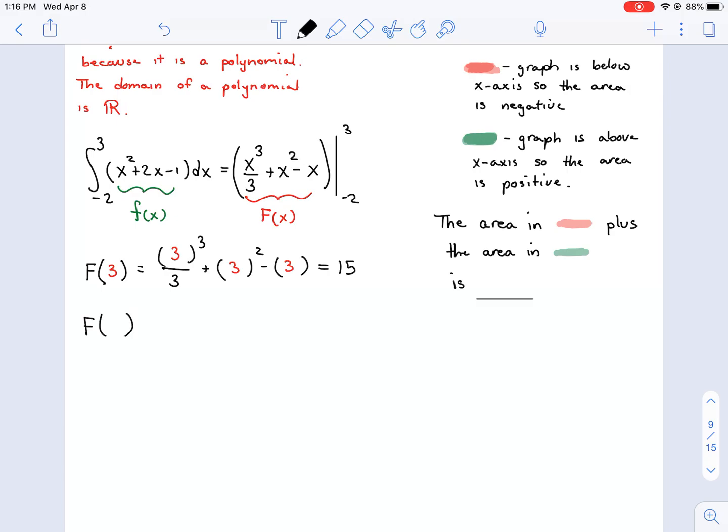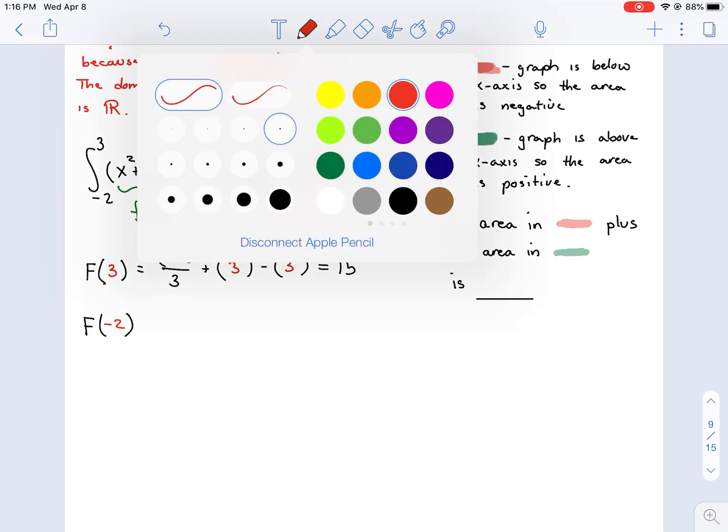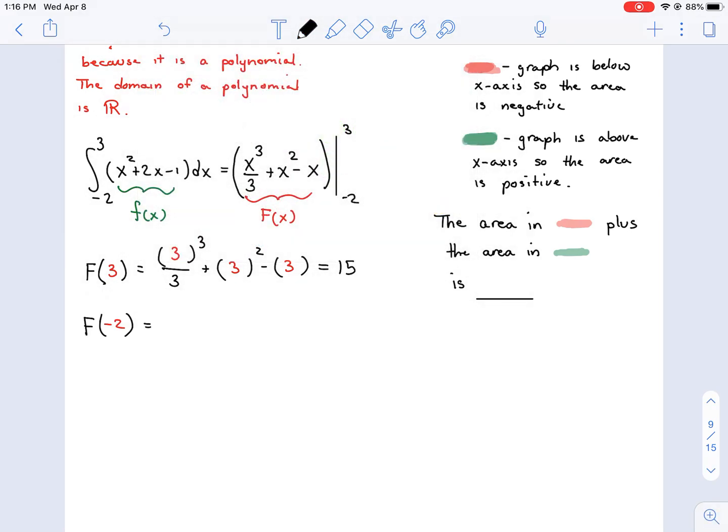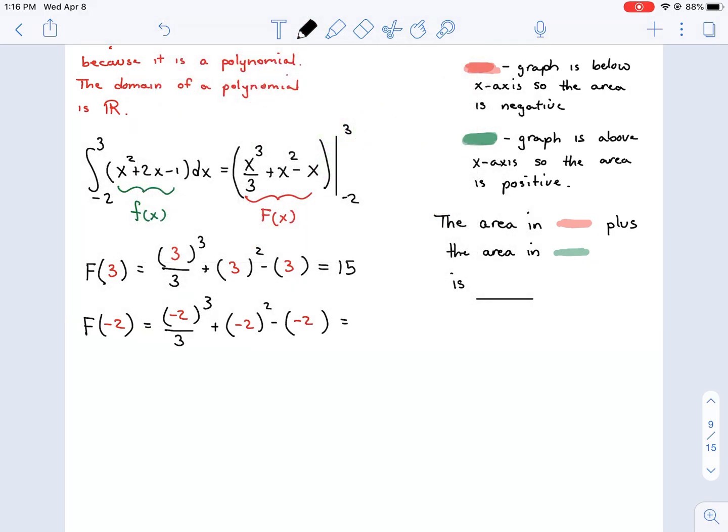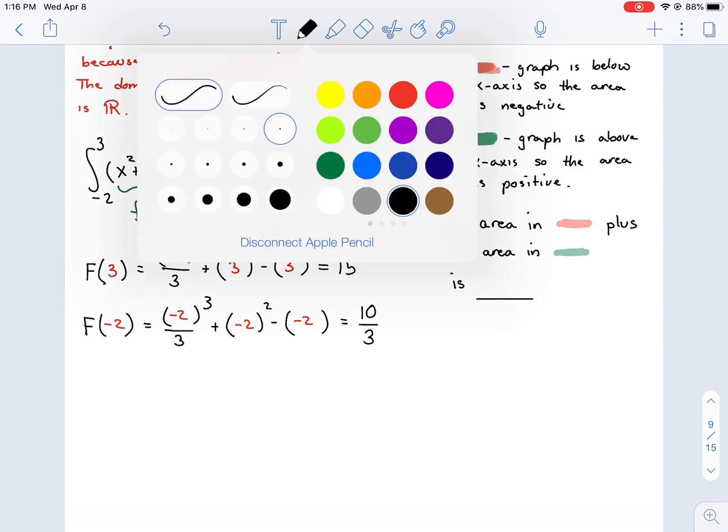Next, we're going to evaluate the antiderivative at -2. And this value is 10/3.